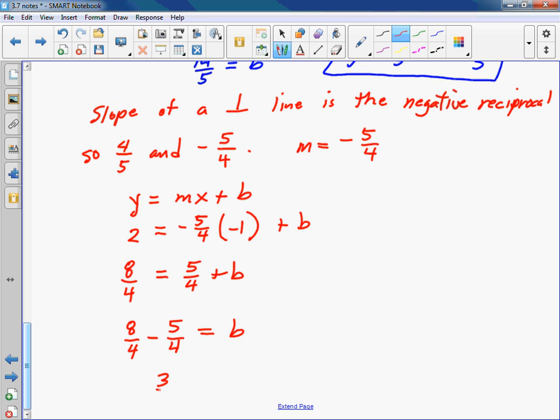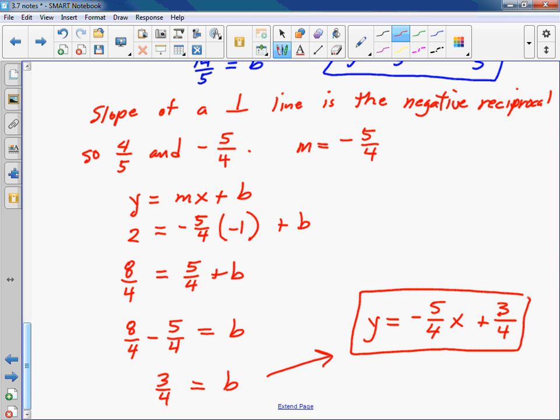And then we get 3/4 equals b. So now y equals my slope of negative 5/4 x plus 3/4. Once again, let's go back up to our drawing and see if that makes sense.